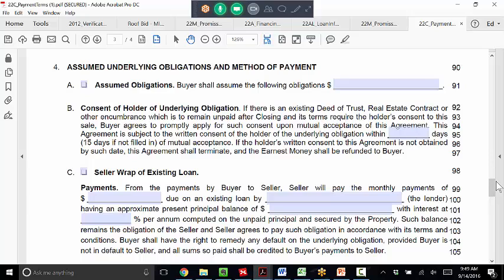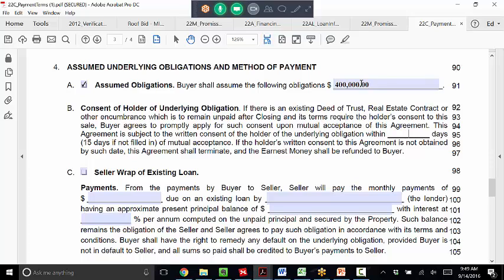Paragraph 4, assumed underlying obligations and method of payment. So this ties back into the Doris example where I'm selling her my house and I have a mortgage. But the difference here is that Doris is going to assume my mortgage, right? The truth is, I can't tell you of a single lender that would approve a formal assumption.